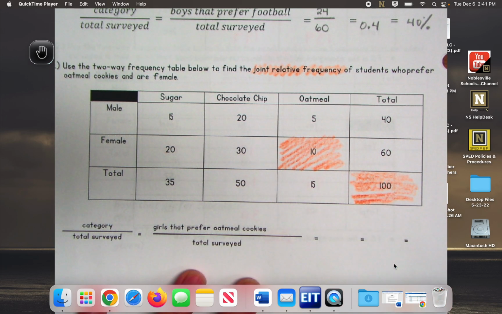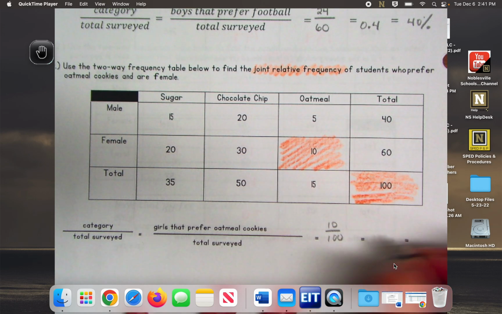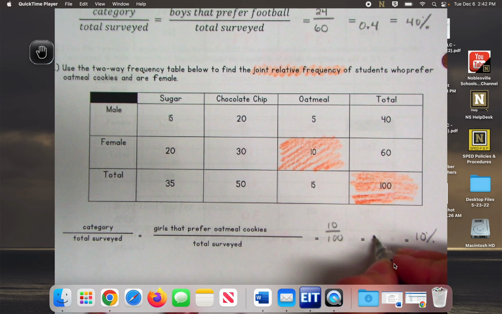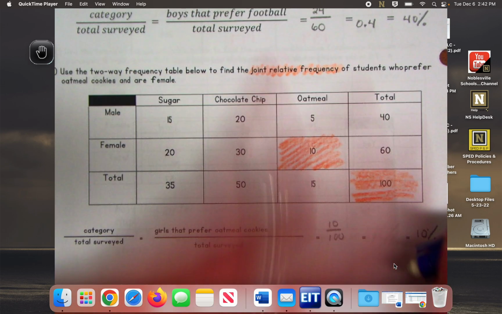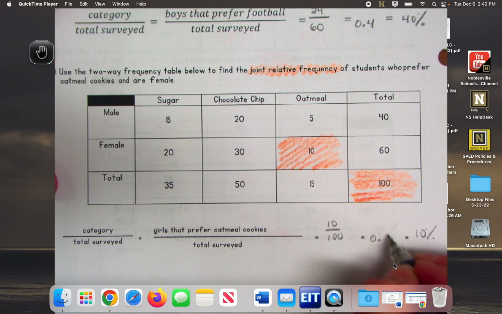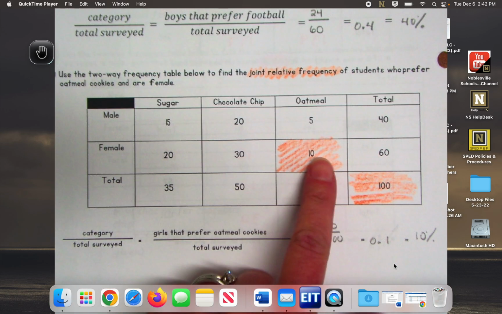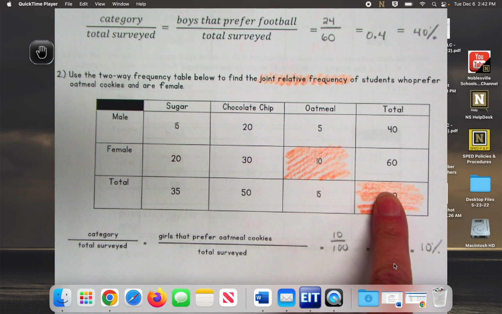So I'm coloring these in to draw my attention to what my fraction will be. So I get 0.1, which is 10%. So joint relative frequency is taking a very specific total, divided by the total.